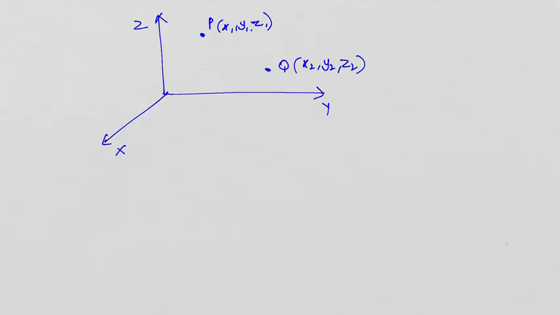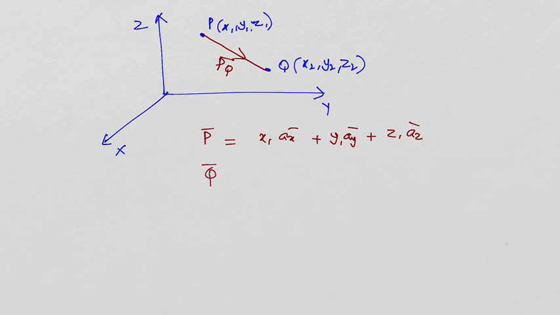If you ask me to find the distance between these 2 points, the distance vector concept will come into the picture, right? Because I know clearly that vector P is represented as x1 aX plus y1 aY plus z1 aZ, and the radius vector Q is represented as x2 aX plus y2 aY plus z2 aZ.